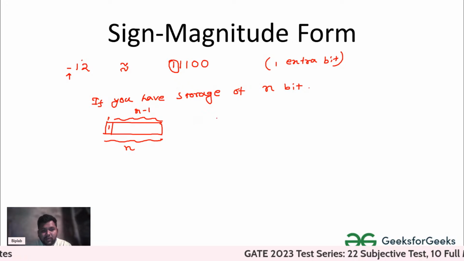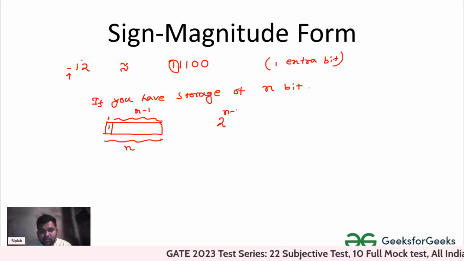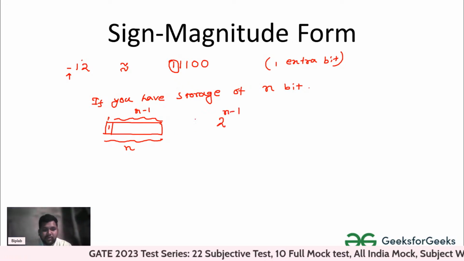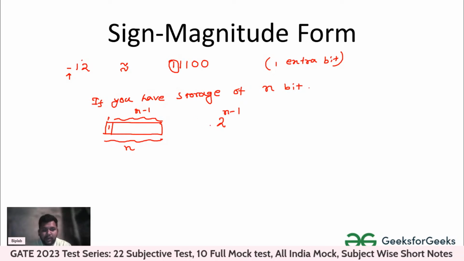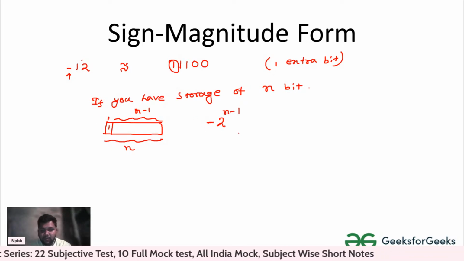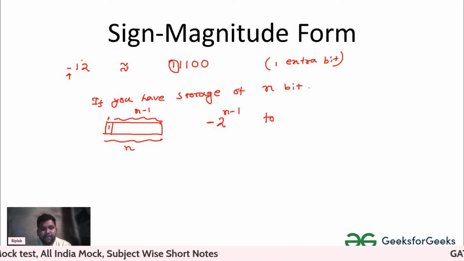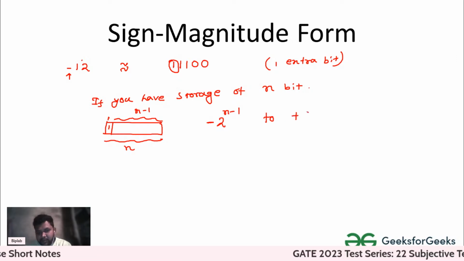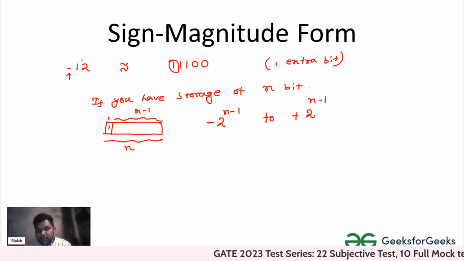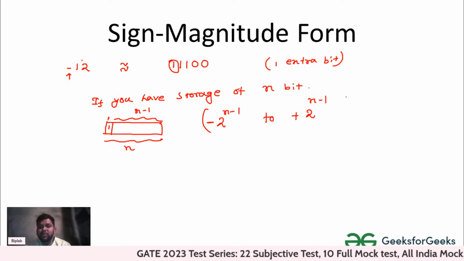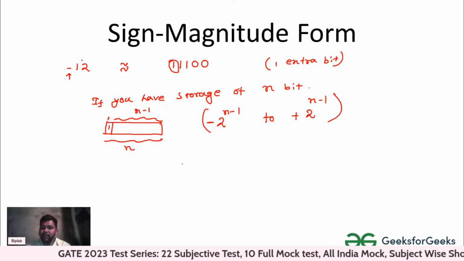Using this you can represent 2 to the power n minus 1 numbers. When you put 1 in the sign bit you get the lowest number, that is minus 2 to the power n minus 1, and the maximum number will come when you put 0 there, that is plus 2 to the power n minus 1. This is the whole range of sign magnitude form.